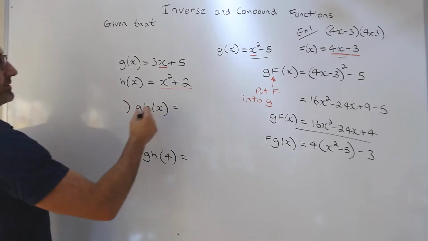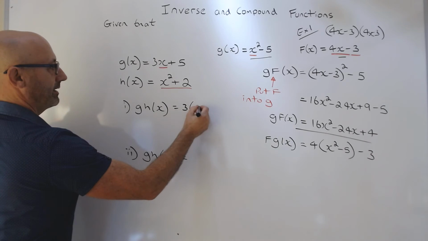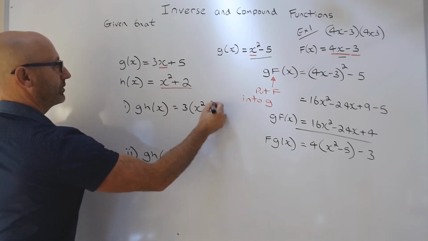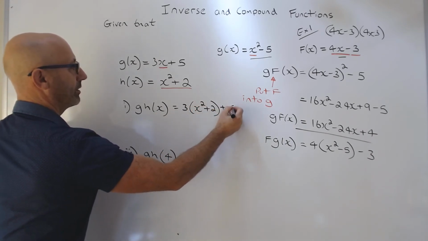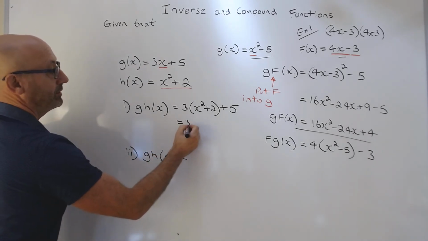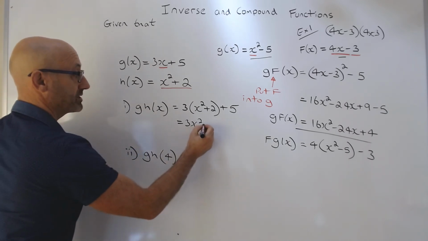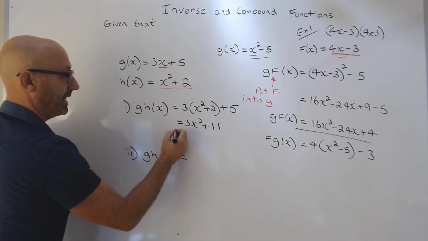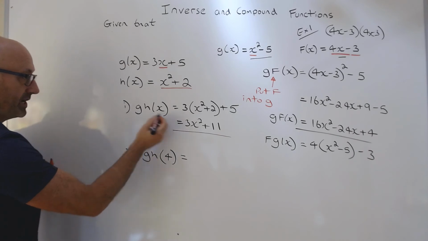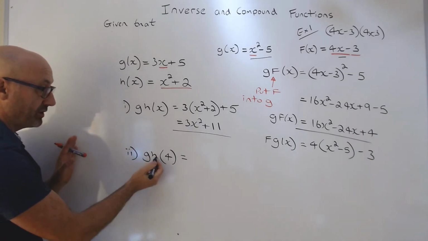Okay, so we are going to end up with 3, and then you're going to times all that out and you are going to end up with 3x squared plus 11, okay, for gh of x. Now what do you think gh of 4 means?